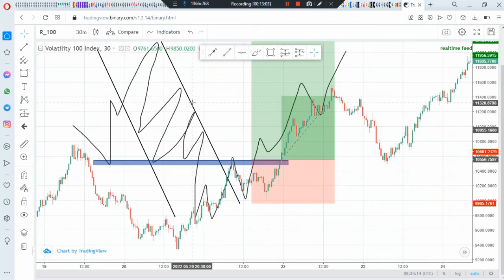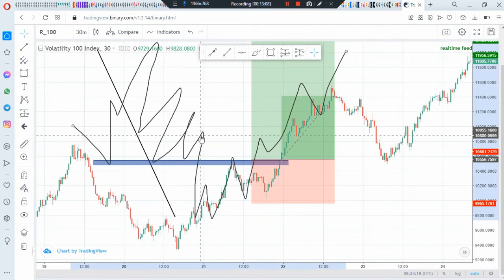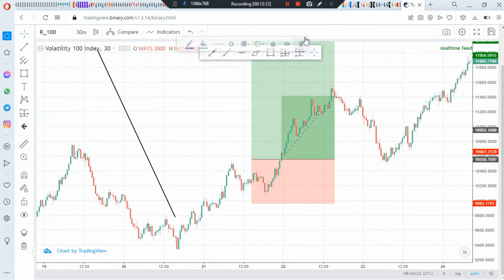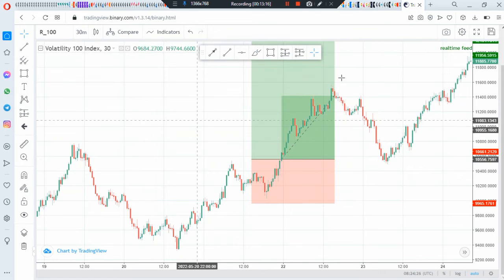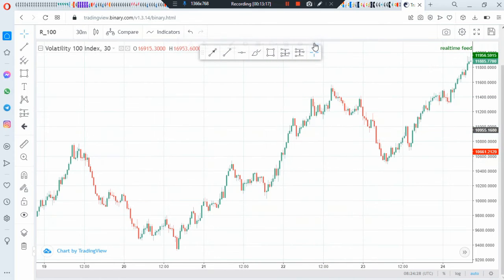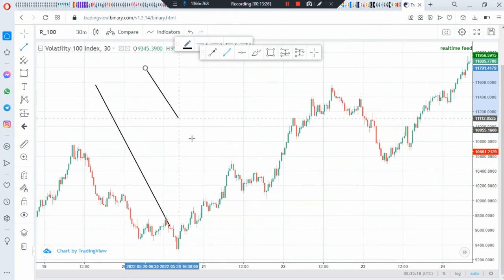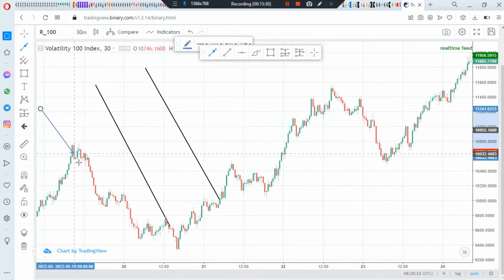I know it's not the best chart, but I hope you got what I'm saying, get the idea. This method is very simple, guys. Use this method. Let me show you one more time. We have a trend like this. Let me use the arrows, maybe they're better.